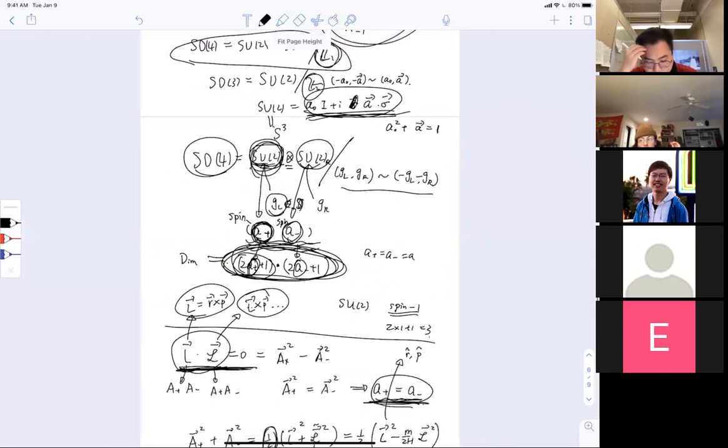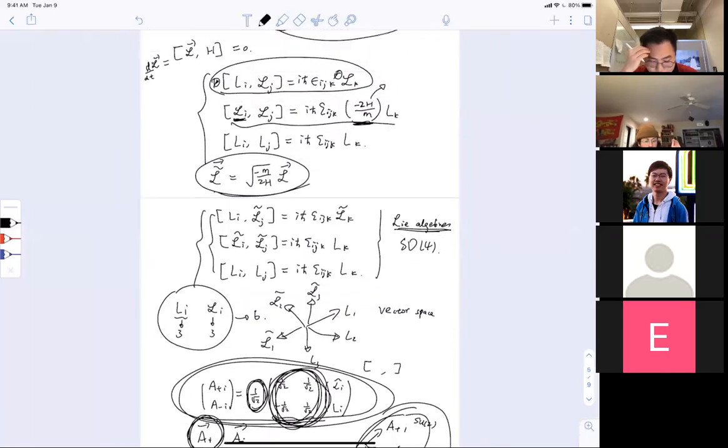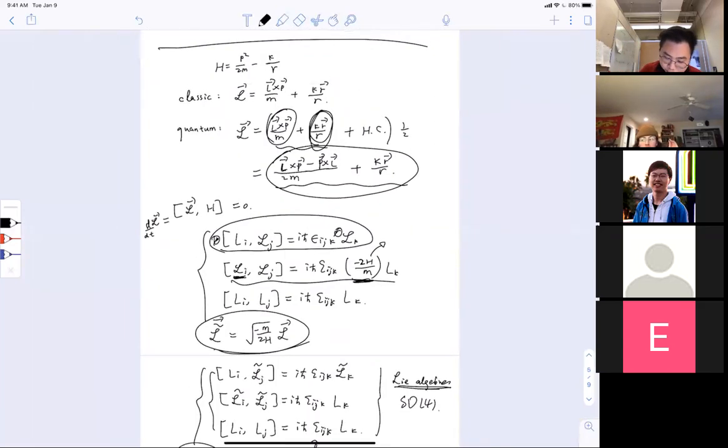And this is true because your Runge-Lenz vector K is a conserved quantity, and it serves as a generator of the bigger group. And this K is only conserved when your Hamiltonian is in this specific form.